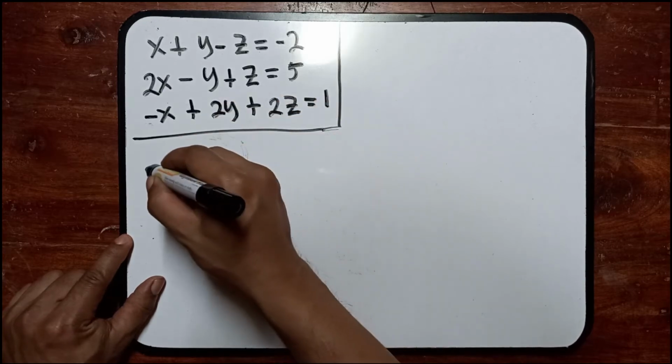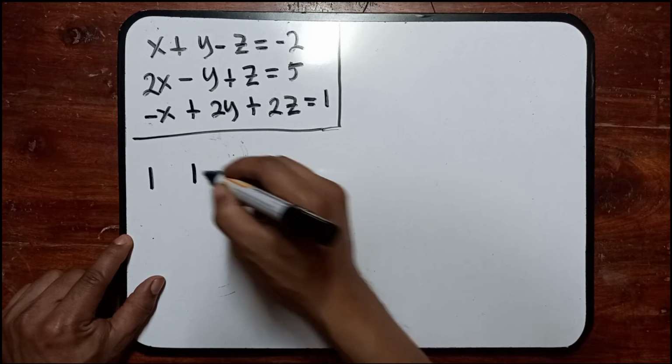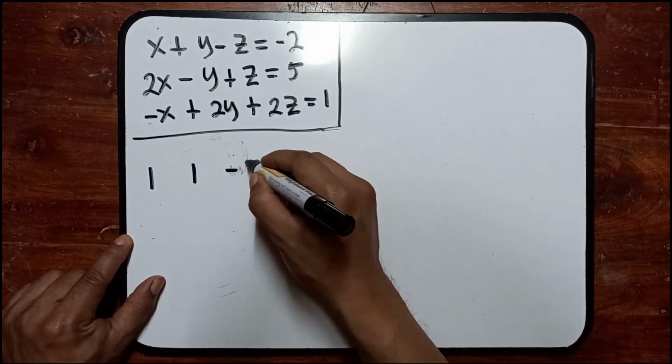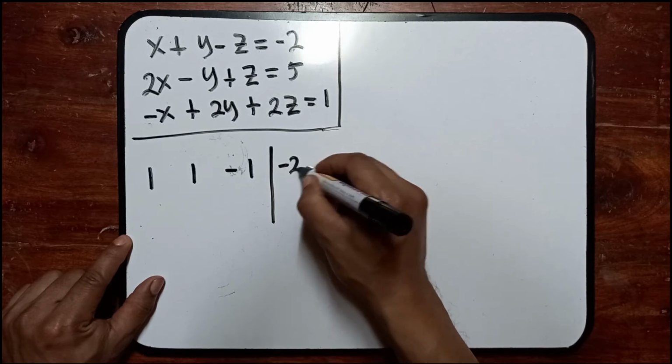So we'll write here 1, 1, negative 1, and then negative 2.